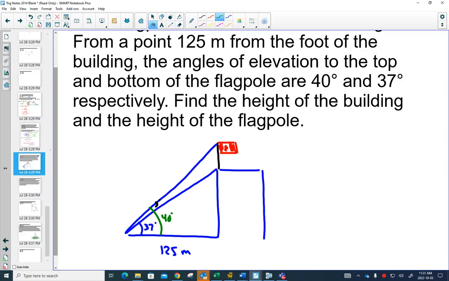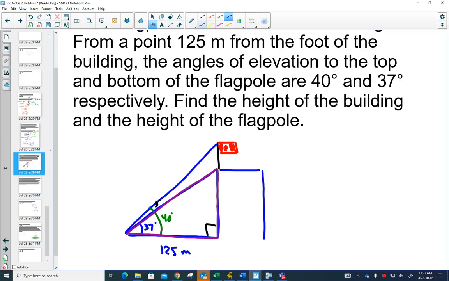Okay? So most students see two triangles, but most students don't see two right triangles. The easy triangle to see is the purple one. Did everybody see this triangle here with 90 degrees there? Then the second triangle that students see is this one with the 3 degrees, but it's not a right angle triangle.